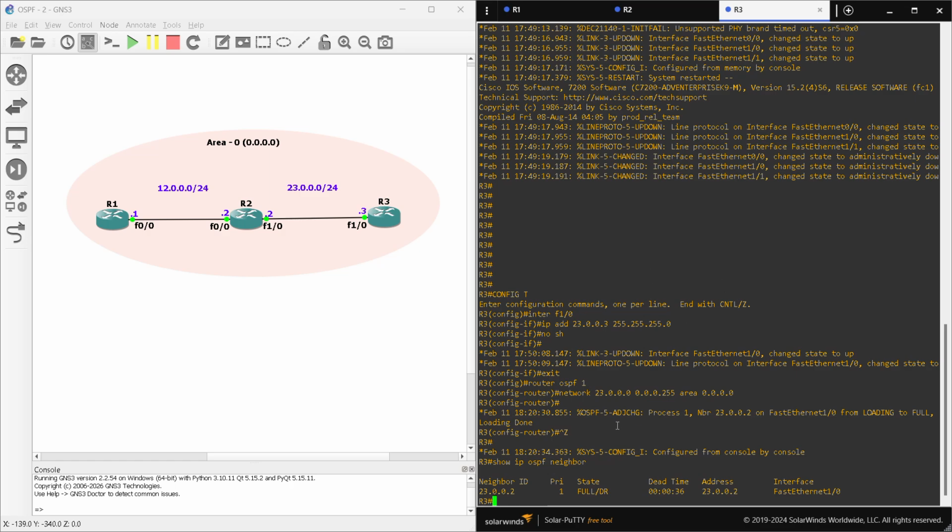It is telling us this is the neighbor, R2, 23.0.0.2 on this interface, and this is the address. Now let's check the interface. Show ip ospf interface brief.